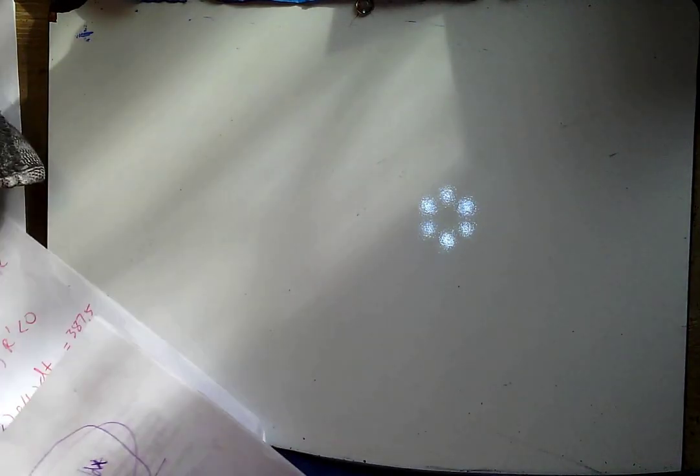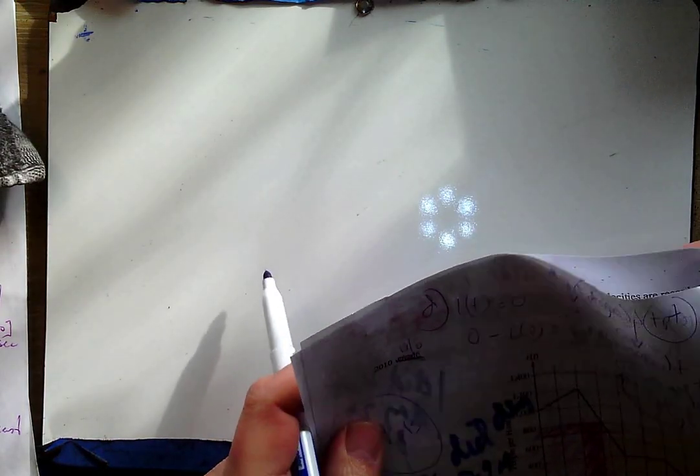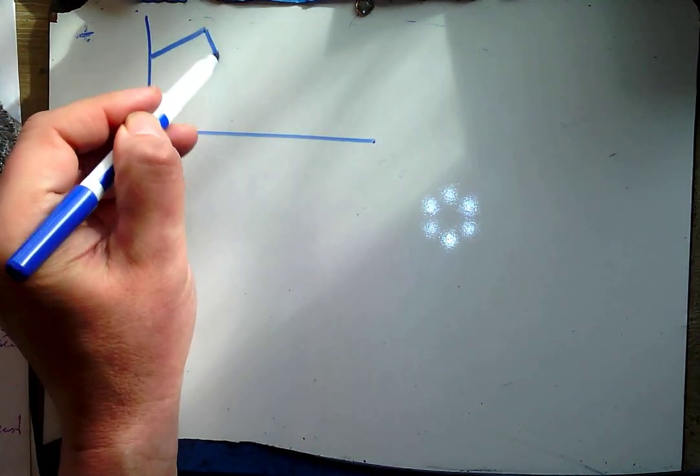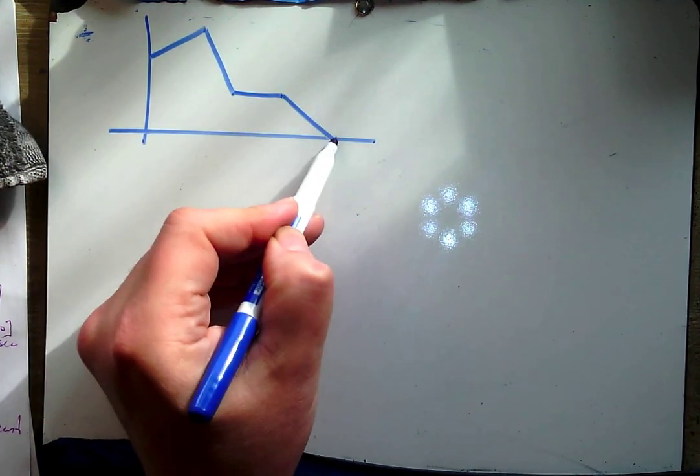Okay, I got one last one I wanted to get with you today. This one. Yeah, this one. So this one is people in line for an amusement park. And the graph goes up, and the graph goes down, and the graph goes this way, and the graph goes down.